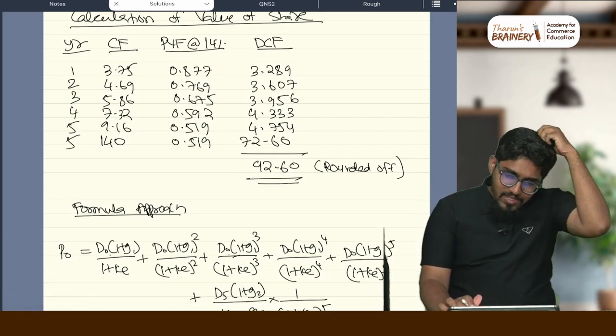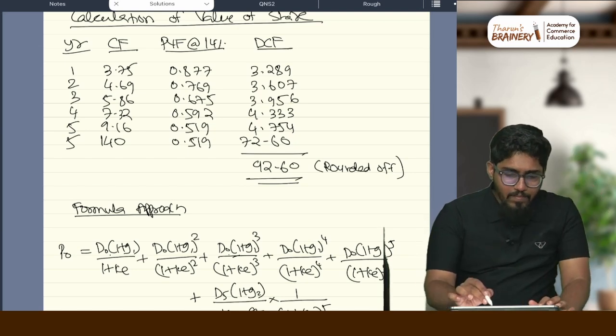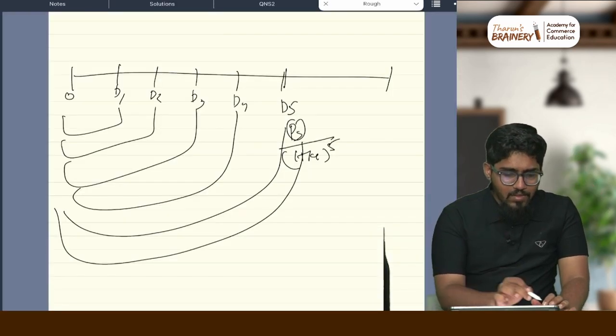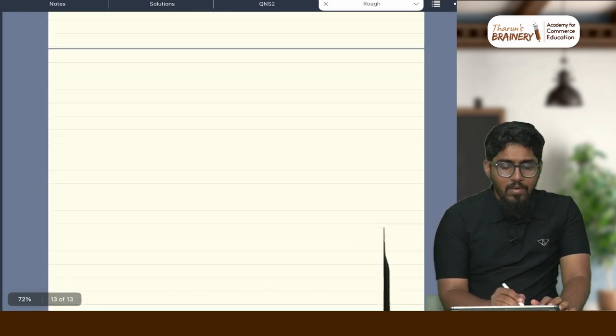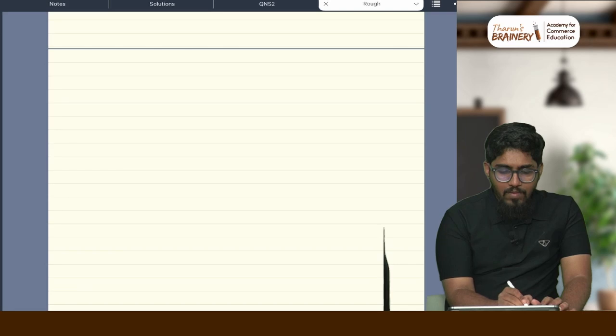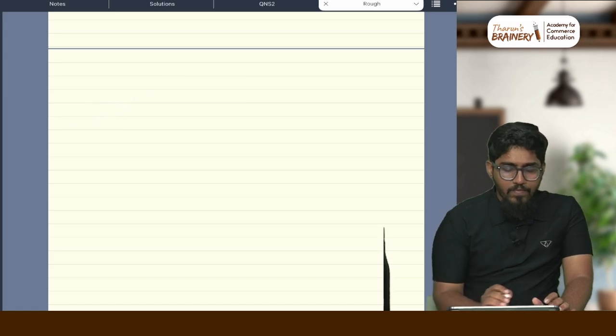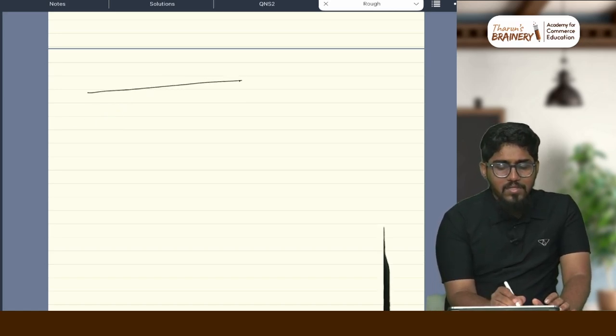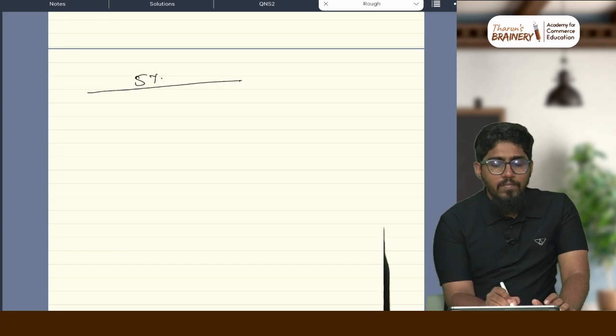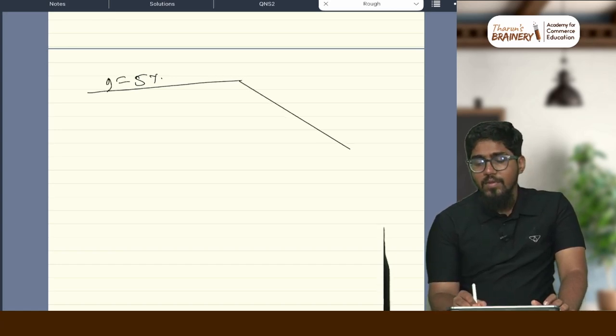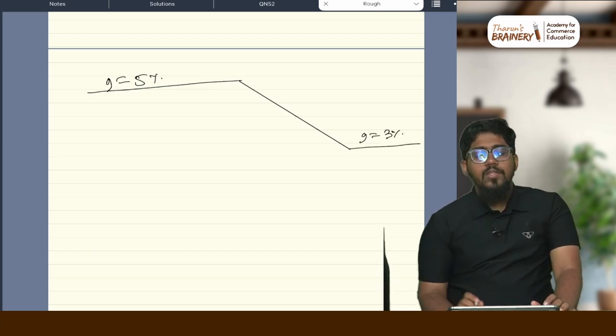For example, how they will give it is that, sir, for the first 5 years it will be 5% growth rate, then it will be declining, and afterwards the growth rate will be 3%.